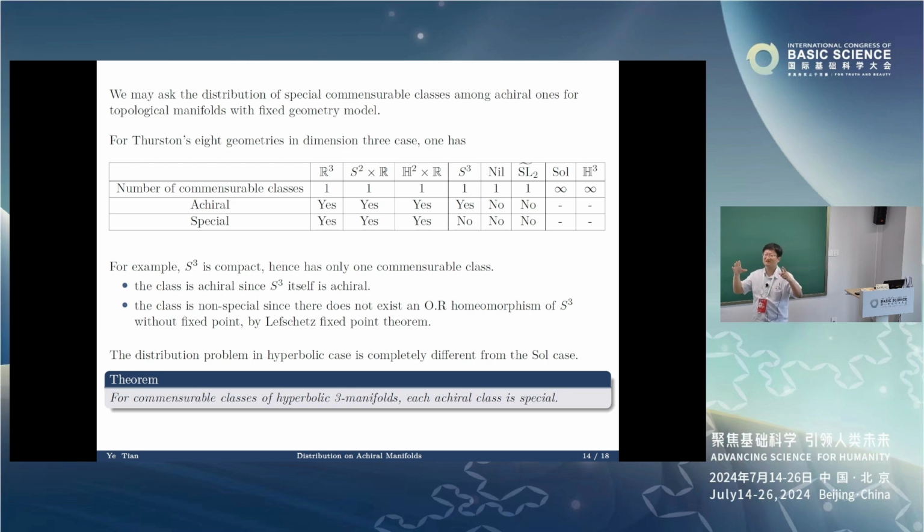So you put S3 into four-dimensional Euclidean space, and you use this reflection with respect to this hyperplane. You get a homeomorphism that changes orientation. And if you want to say that any manifold with model S3, for example, is non-orientable, you can use this kind of argument.